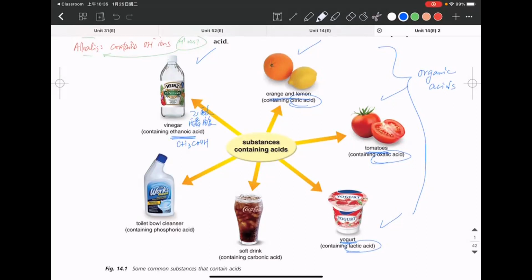So organic acids are commonly found, as I said before, in fruits and vegetables, while you may find these two, vinegar and yogurt, as fermentation products.